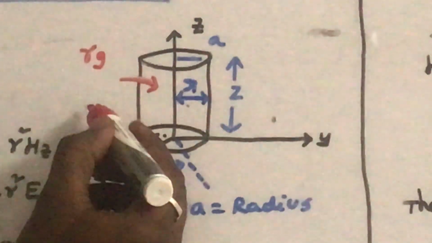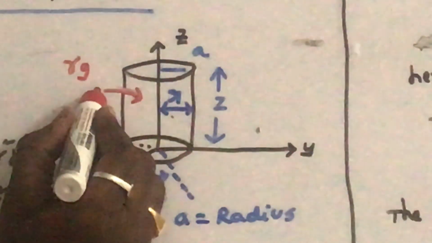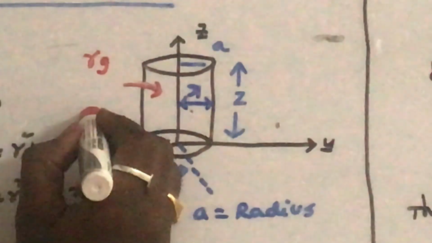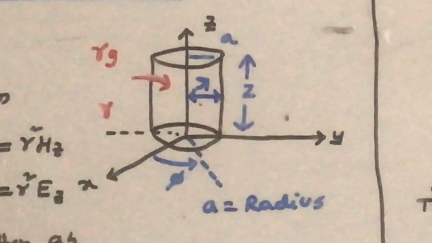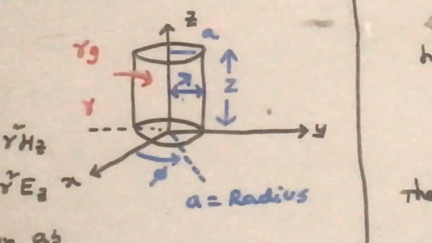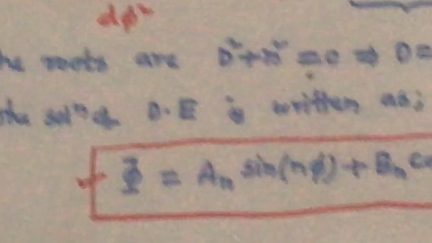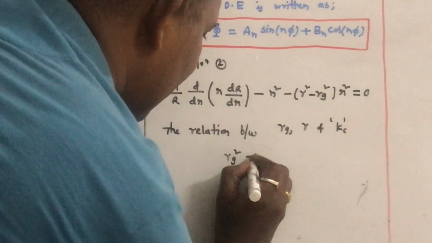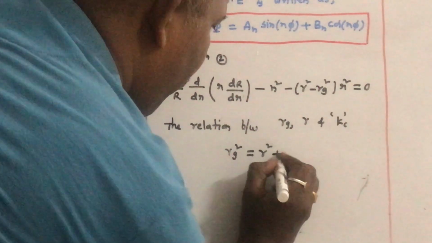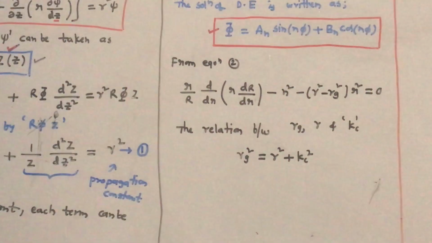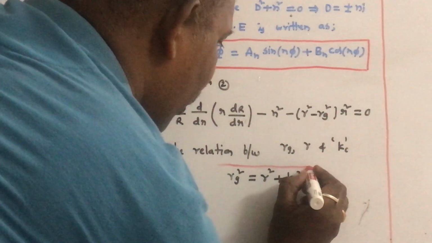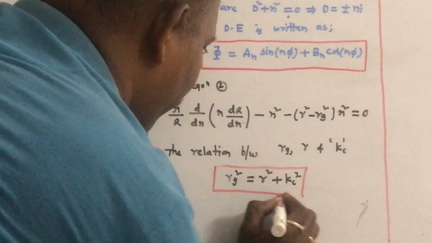And kc is the cutoff wave number. So the relation is a very, very important relation. We use this relation several times while solving problems. So gamma g square plus gamma square is equal to kc square, where kc is the cutoff wave number.